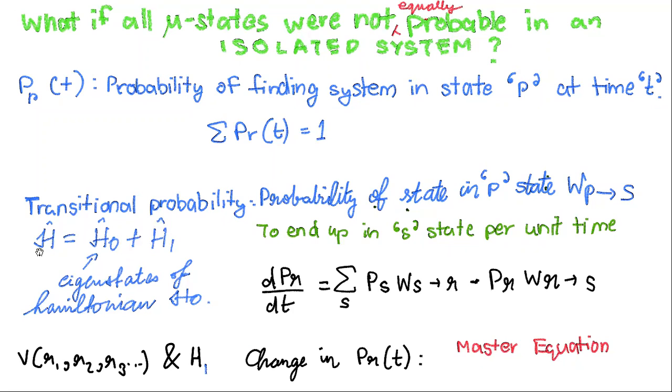So the total Hamiltonian is made up of H0, which defines the quantum states, and another small interaction, an extra term, the perturbation H1, and that is what is driving the system to go from one quantum state to the other.